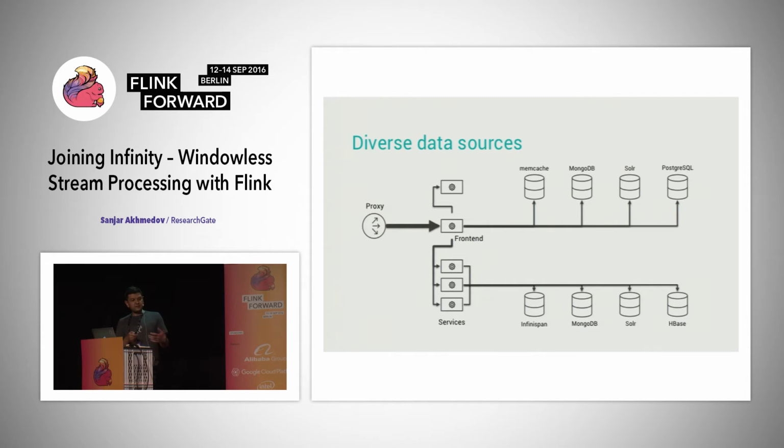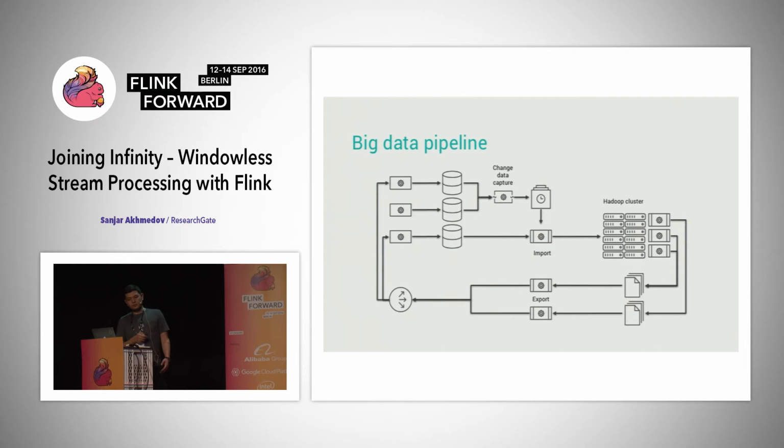The unifying thing is the service layer, which encapsulates the data. On the backside, we have the big data pipeline where we analyze all of this data, and we have periodical snapshots. We import them to a Hadoop cluster and do expensive calculations there, and then export the results back to the services.